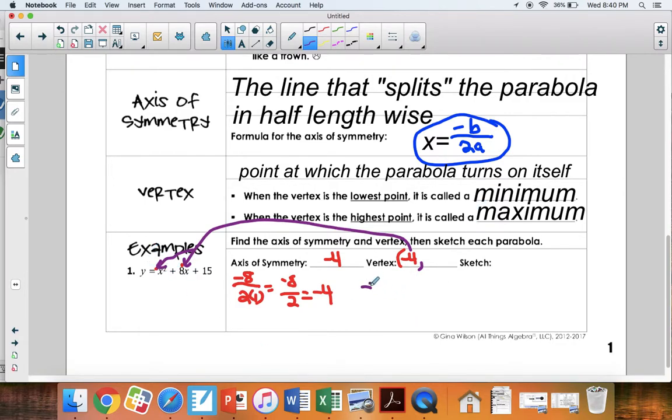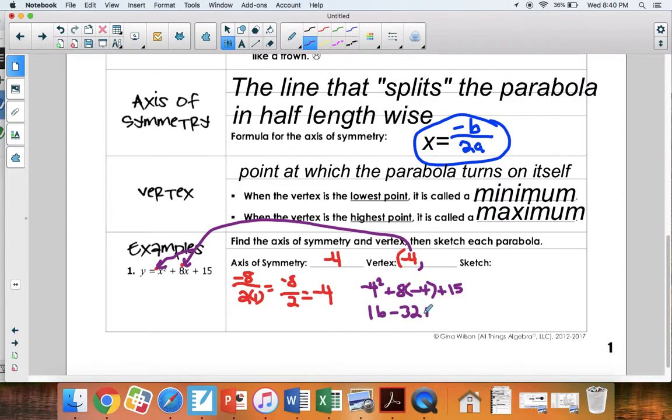So I'm going to do -4 squared plus 8 times -4 plus 15. So -4 squared, -4 times -4 is positive 16. 8 times 4 is -32.